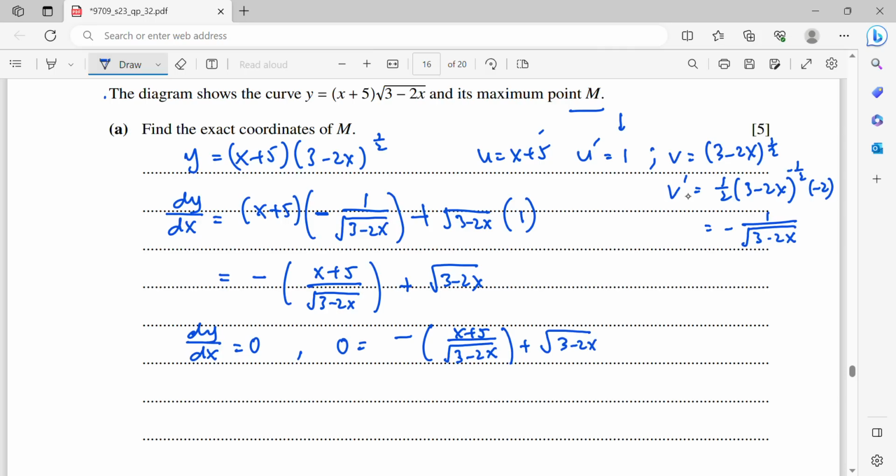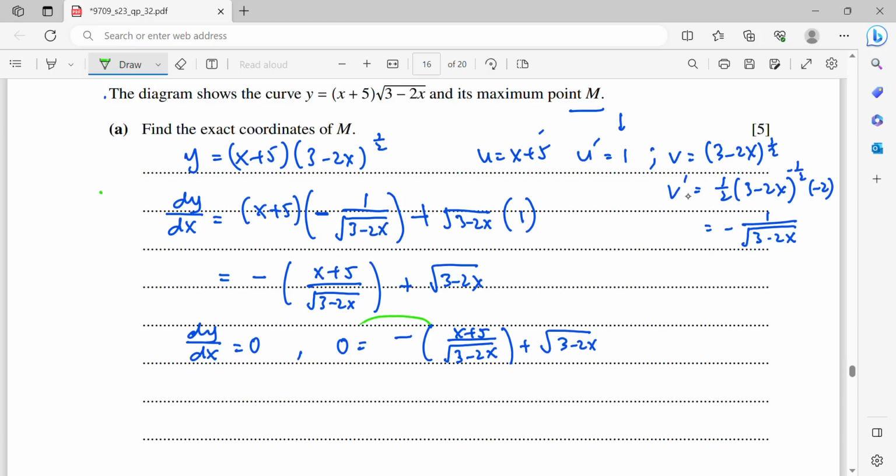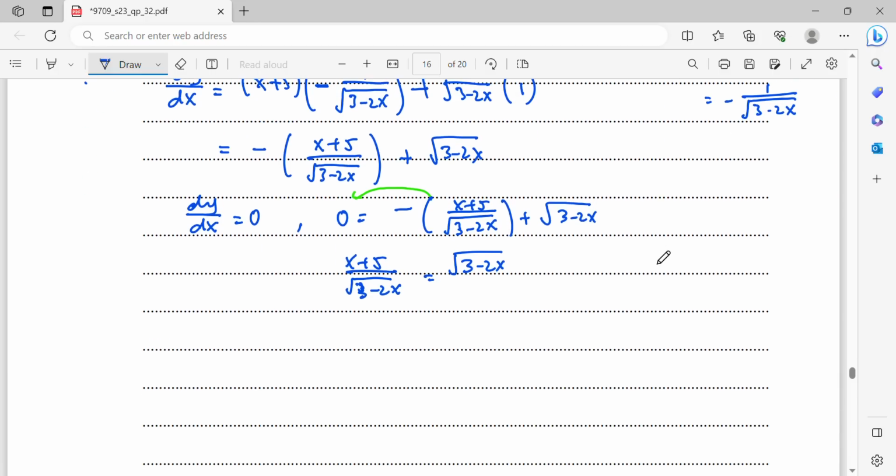Okay, so to simplify the x here, the first term, since it is negative, I can just move it to the left hand side and keep the second term on the right side. So I will get x plus 5 over square root 3 minus 2x equals square root of 3 minus 2x.